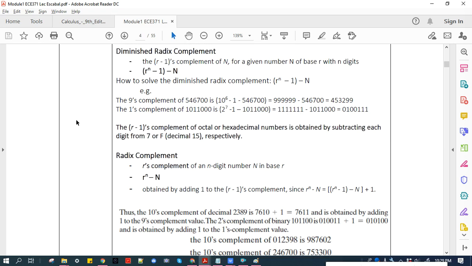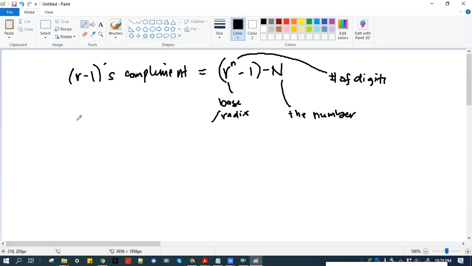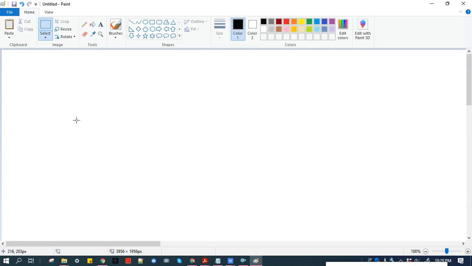Let's have another example. For binary, we have the number 101011 base 2. Then for octal, we have 653 base 8.